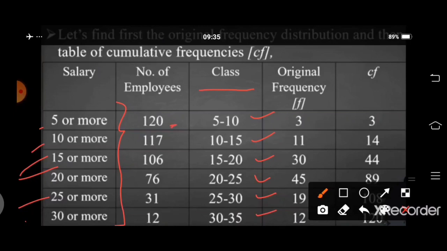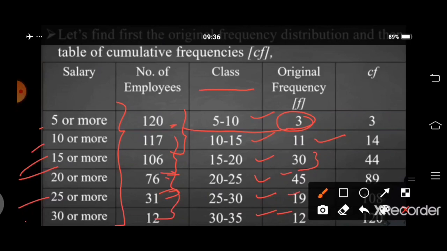120 minus 117, so 3 will be the result. Then 117 minus 106, we will get 11. 106 minus 76, 30. 76 minus 31, 45. Then 31 minus 12, 19, and at last 12.